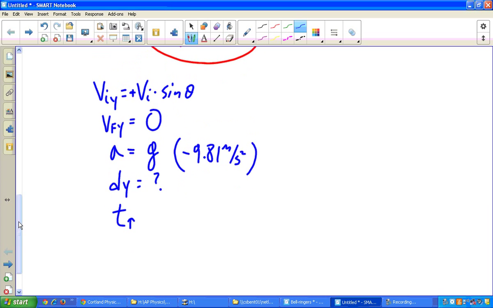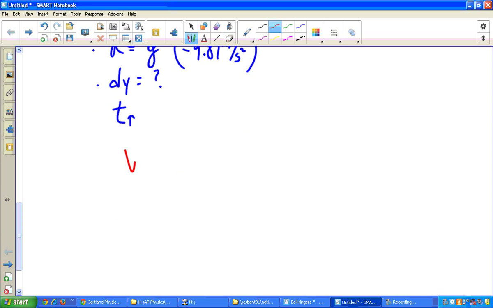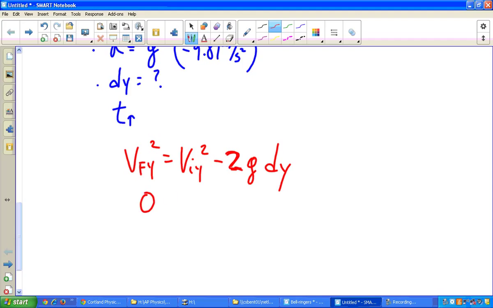So first off, the distance it rises vertically. We have VF, VI, A, and D. I'm going to use the VF squared equation because there's no time yet. So we're going to use VFy squared equals VIY squared plus 2A dy. I'm going to replace my A with gravity, and just be aware that because it's negative, put it in there. Go ahead and quickly do some math and plug in. My final velocity is 0 at the top.